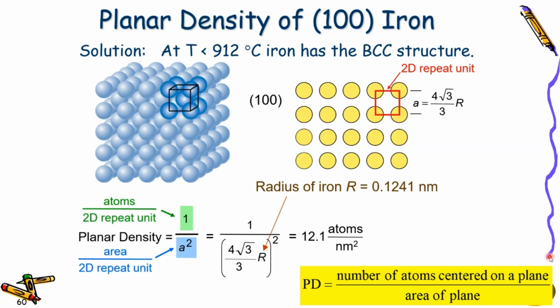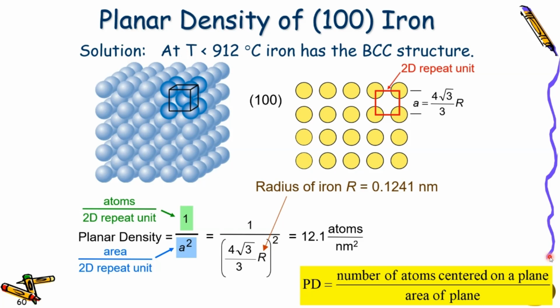So what does that mean? There are 12.1 atoms per 1 repeat unit. Sorry, it shouldn't be like that. There are 12.1 atoms per 1 nanometer squared.